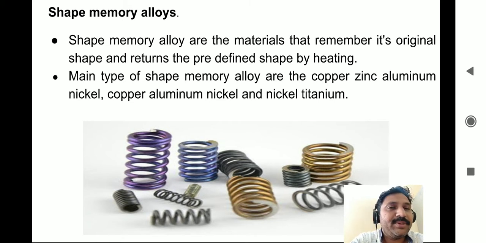Because of the 1 kg, the spring moves in the downward direction, so the spring is extended. But when we give heat by a furnace or any advanced technology, the spring regains its original shape, even while the 1 kg is hanging.